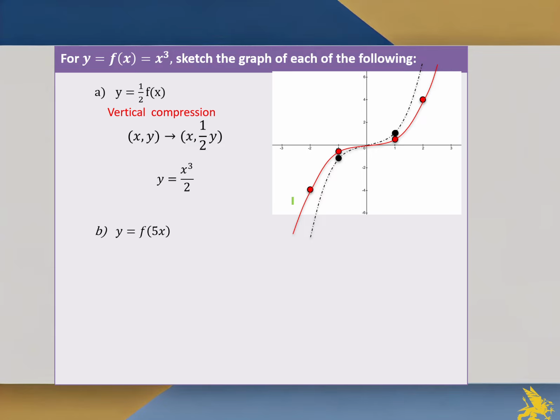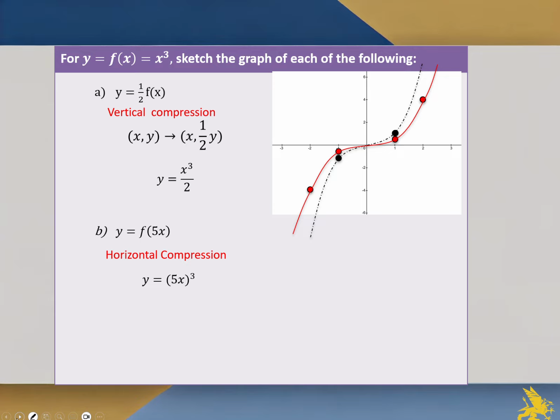Likewise, if we look at y equals f in brackets 5x, straight away we know it's dealing with the horizontal because it's affecting the x. And we also know that it's going to be compression, because remember how we think about it on what we did before. So same thing as what we're applying, but I'm just not doing all the working out now. So straight away with the horizontal compression, I'm literally just going to work it out by writing my equation with 5x into it.